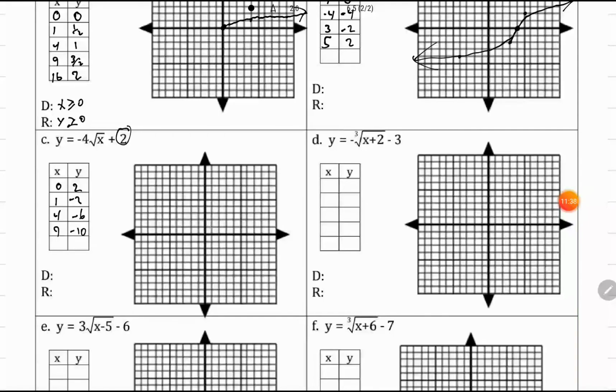Remember, negative reflects the graph, which is why this is going to open down or start going down. So 0, 2, start up here. Then 1, negative 2; 4, negative 6; and 9, negative 10.